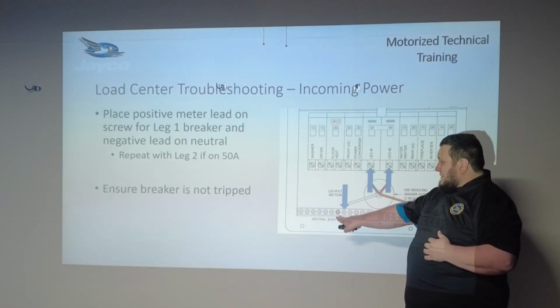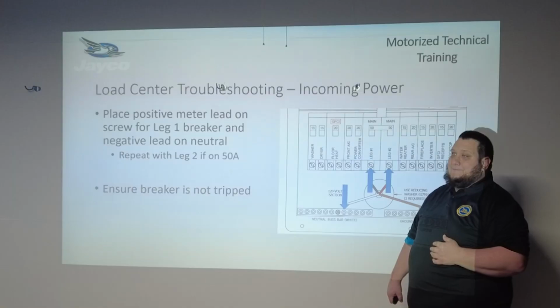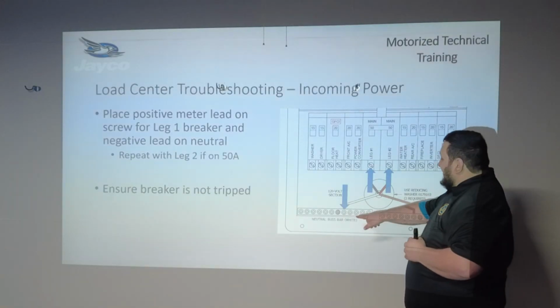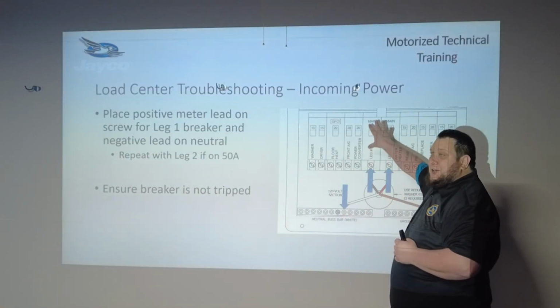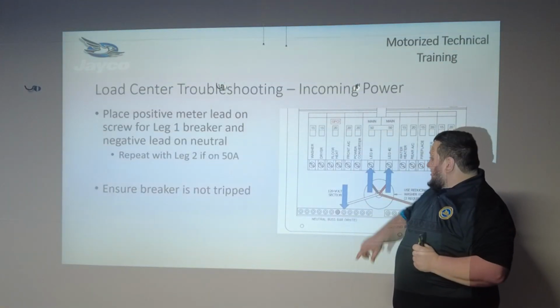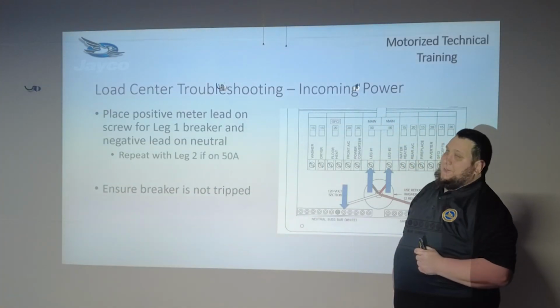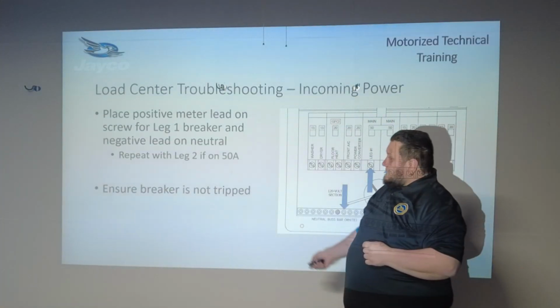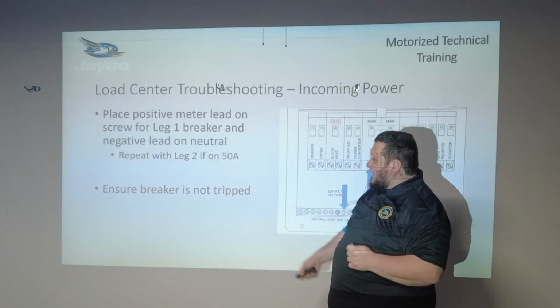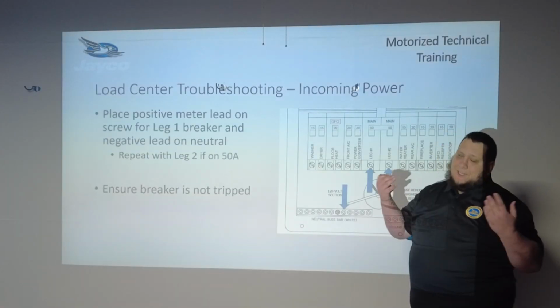And then you're going to put your negative or black lead down here on the neutral bar. What you're doing here is confirming I have power coming into my load center. Power has made it from my transfer switch. It's making it right here. If these breakers are functional, I now have power to everything else. You're going to repeat it with leg 2 if you're on 50 amp. And again, I put that little note there, ensure the breaker's not tripped because it happens.